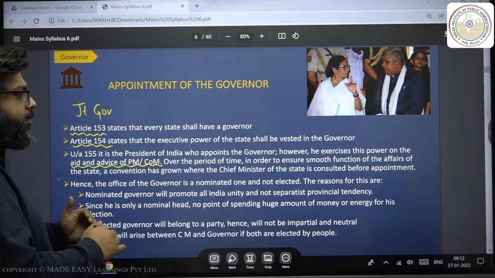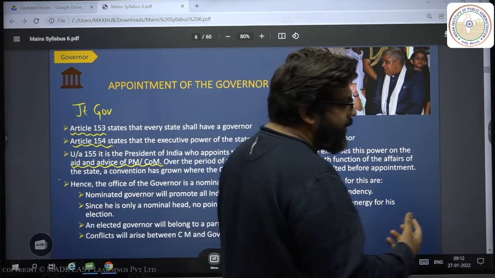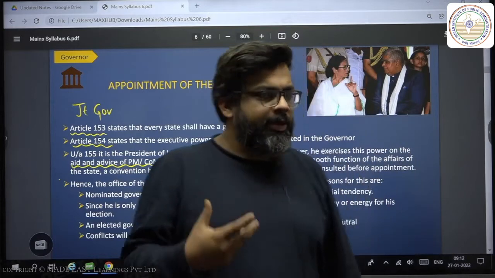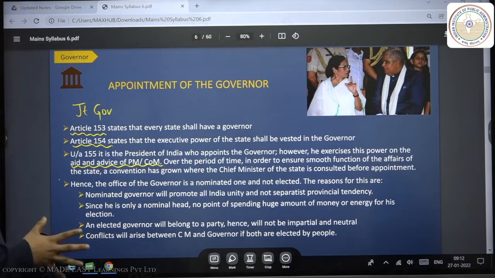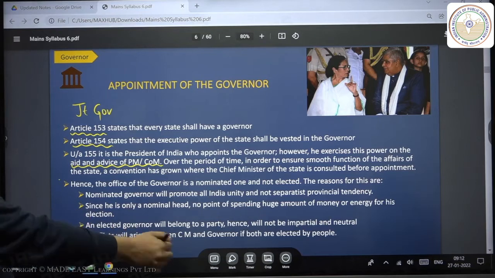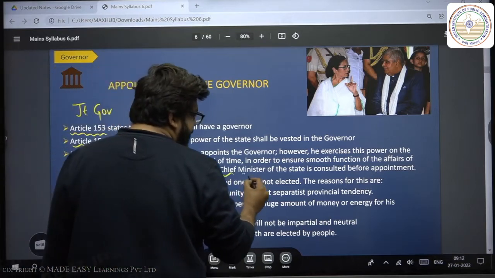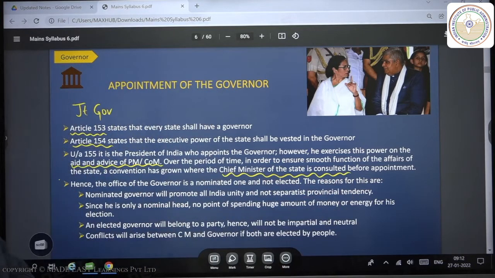However, to make sure that there is some confidence building measure and to make sure that the states are involved in this process, as a matter of convention and not provision, it has been devised over the years that the chief minister of the state is consulted before the appointment of the governor, right?